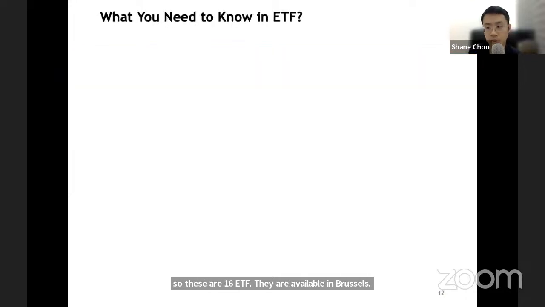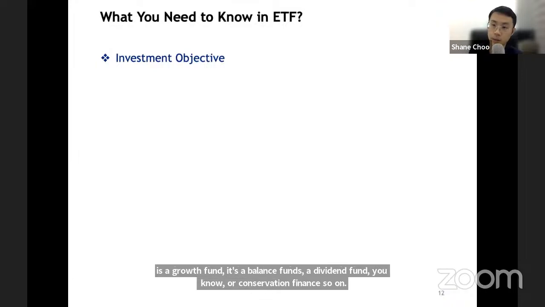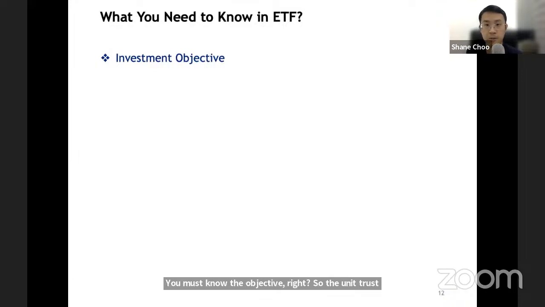So what you need to know in ETF, first and foremost, is the investment objective. Like when you buy into unit trust, whether it is a growth fund, a balanced fund, a dividend fund, a conservative fund, and so on, you must know the objective, right? The unit trust agent will recommend the funds based on your needs and requirements.